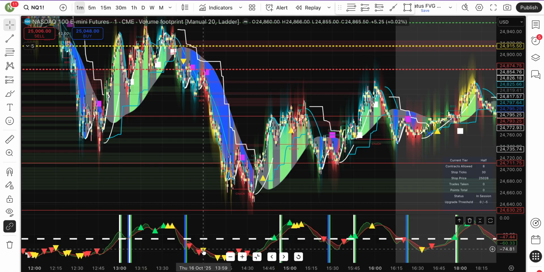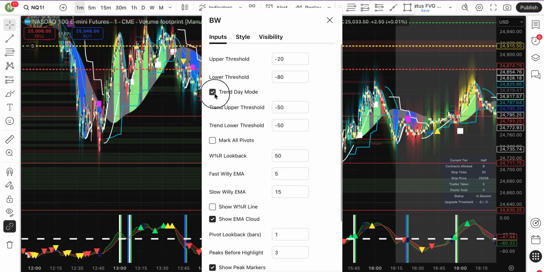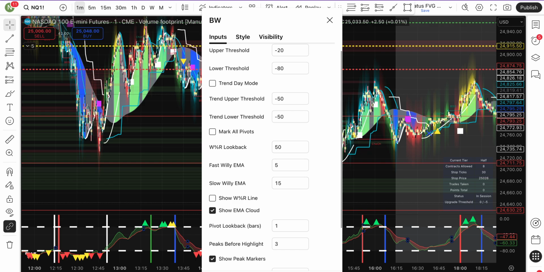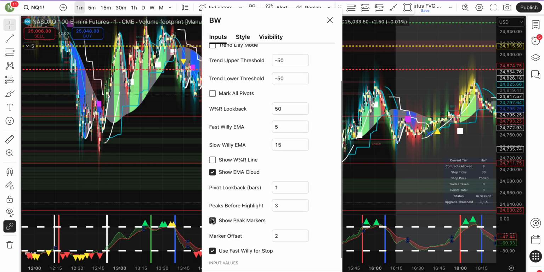That is the BW. It's used in the back end calculations for the Stratus engine, but it's definitely a pivotal tool to get your confluence, to make sure that you're entering in places that make sense.